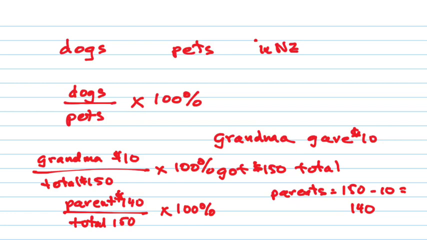So you may not be given the part, you might be given other information. Let's say, for example, that you made $500 at a car wash, but you had to pay the car wash company $100 for using their facilities.